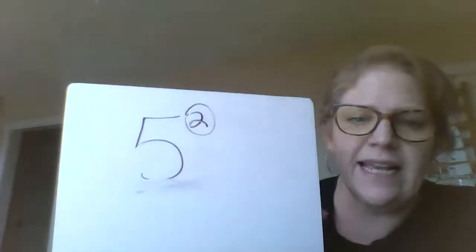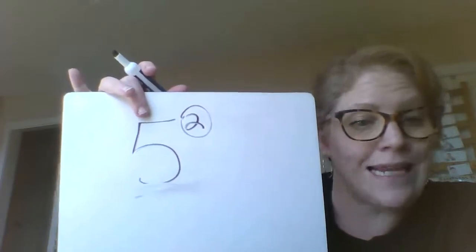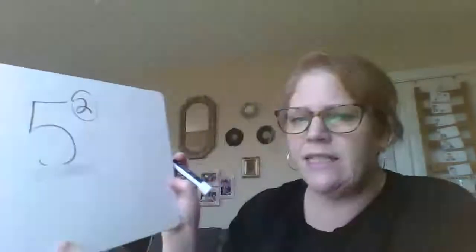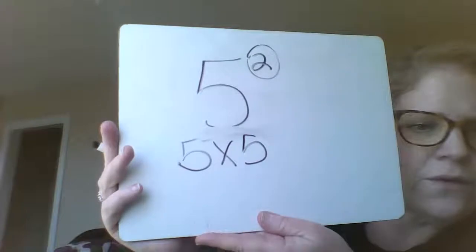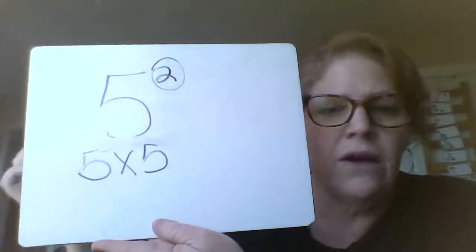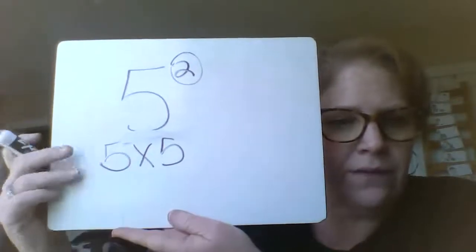What it's saying is that you're going to multiply your base, 5, times itself 2 times. So what that looks like is 5 times 5. Okay? 5 times itself 2 times. 1 time, 2 times. 5 to the second power is 5 times 5.